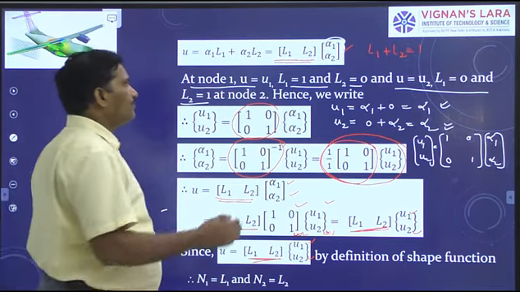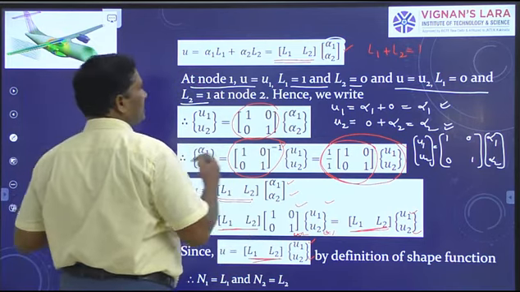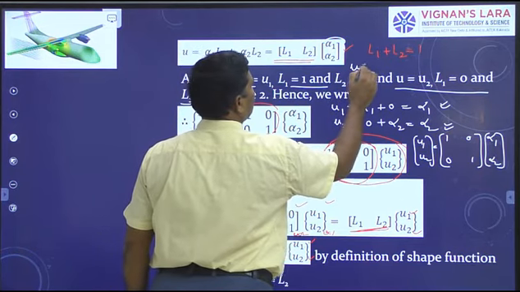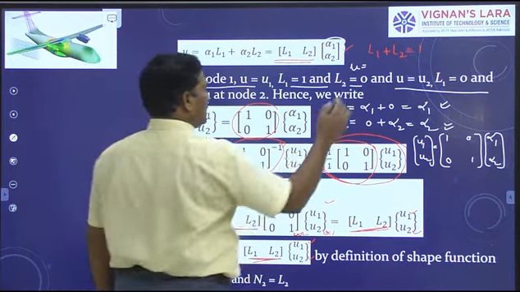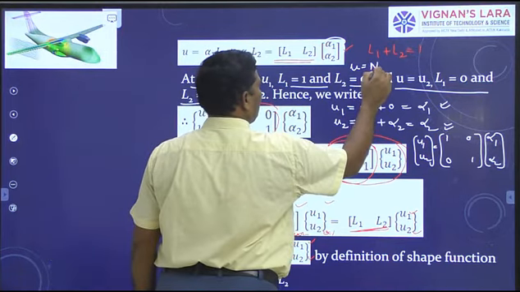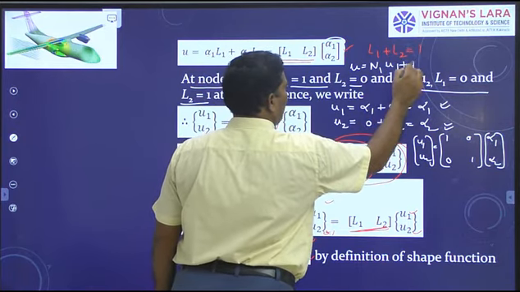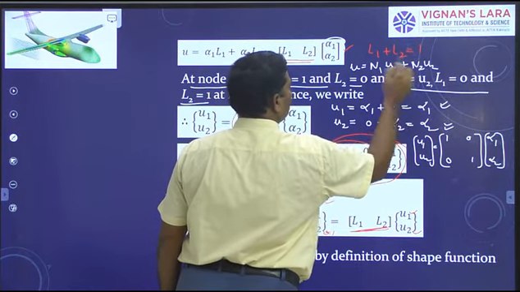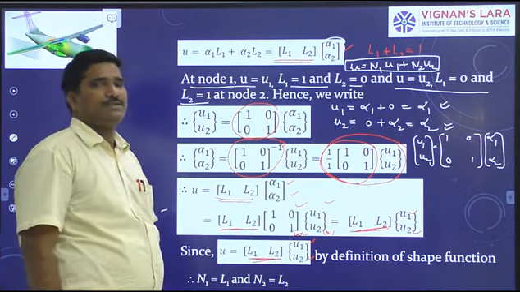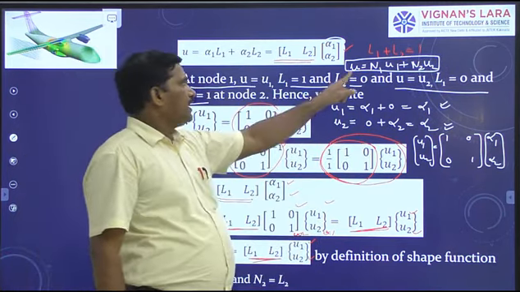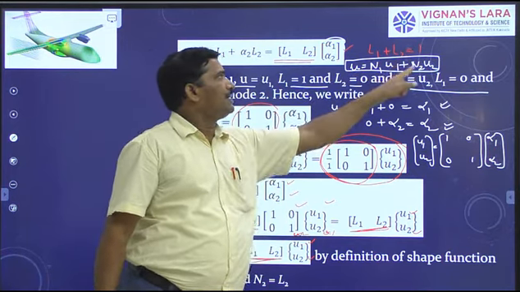The general form for the displacement field U equals the first shape function N1 into U1 plus the shape function N2 into U2. This is the general form for the displacement. The displacement field is represented in general like this.